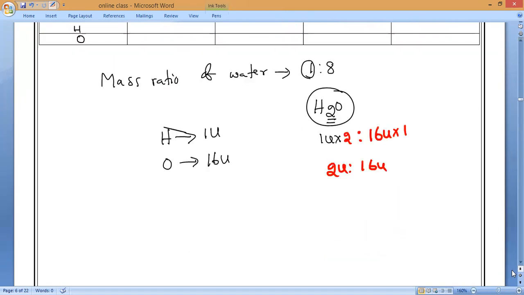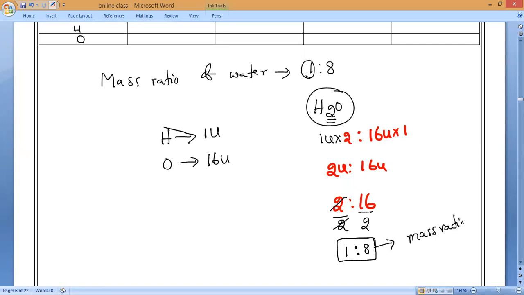Let it be U, we won't consider it. We'll consider 2 is to 16. Both are even numbers, so you can simplify by dividing by 2. What is the simplest ratio you'll get? 1:8. So 1:8 is the mass ratio of water.